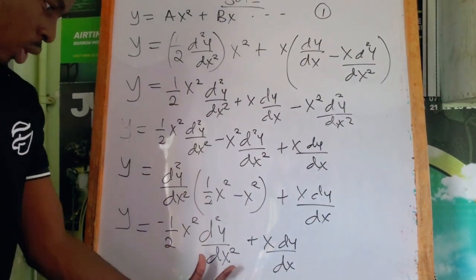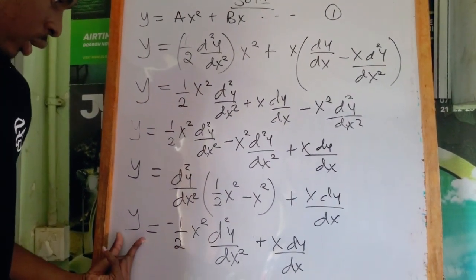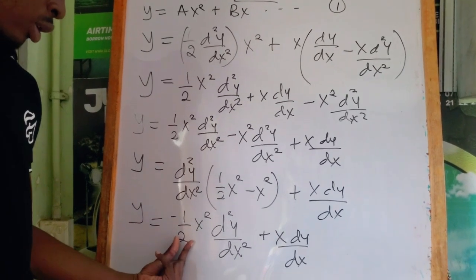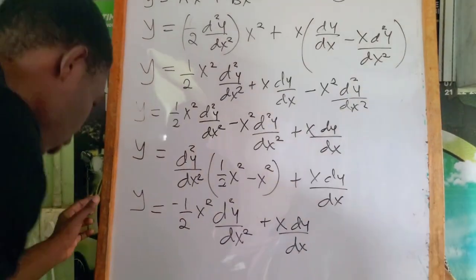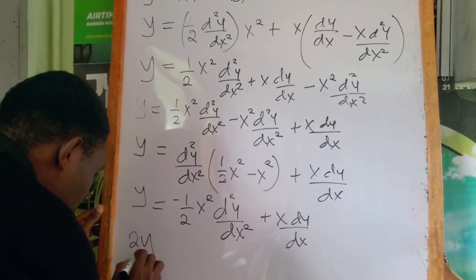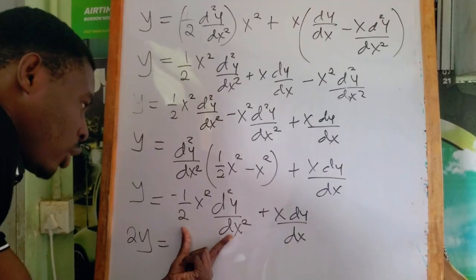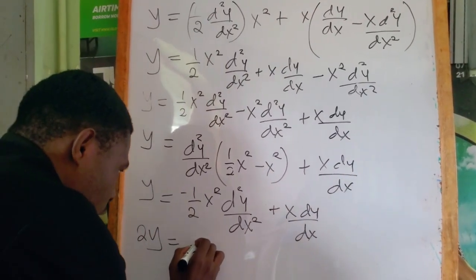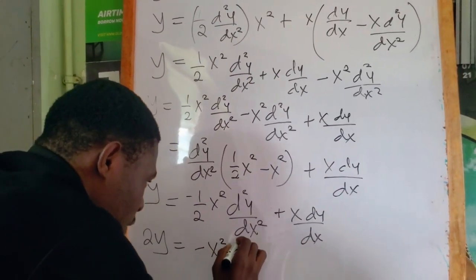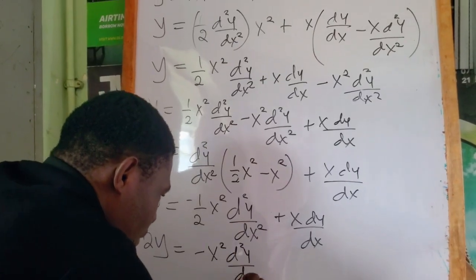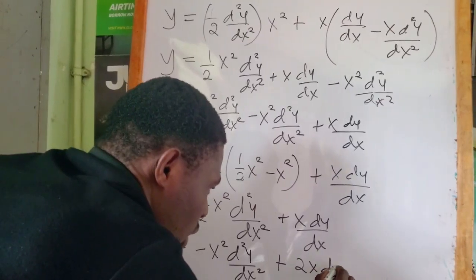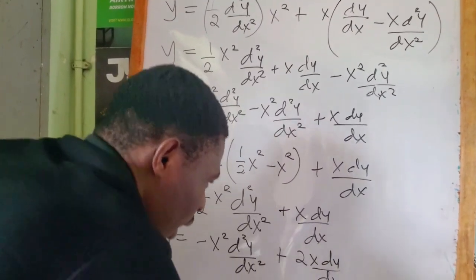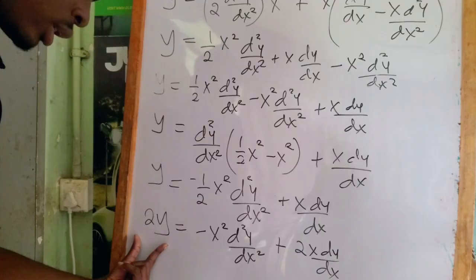All right, so I can take this to this side, but first of all, let me clear this fraction by multiplying each term by 2. If I multiply each term by 2, I get 2y is equal to negative x squared d²y/dx² plus 2x dy/dx. Now I want to move everything to this side.